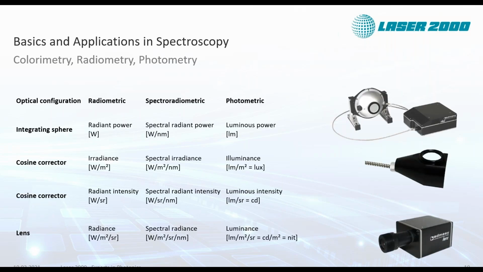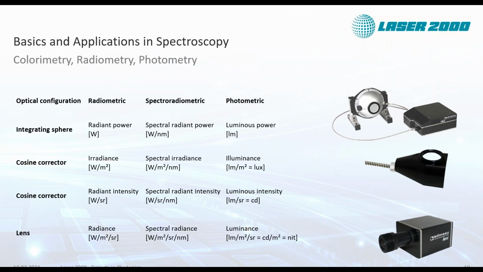Basic optical configurations for these measurements can be, of course, an integrating sphere, which you see in the top picture, that thing that looks a bit like a tiny robot, where you can measure radiant power or the respective other physical dimensions, spectral radiant power or the luminous power.